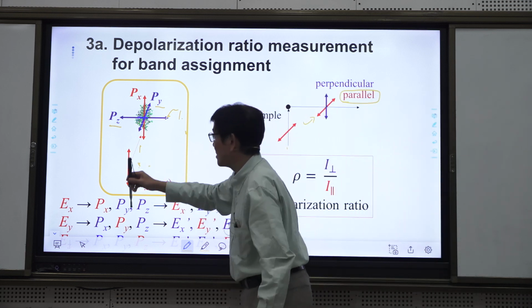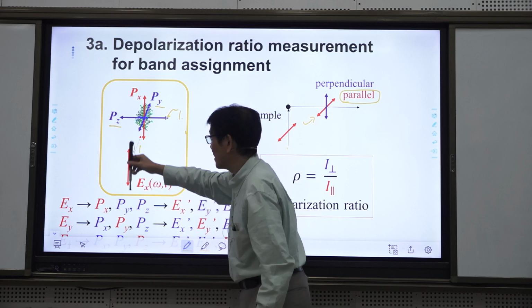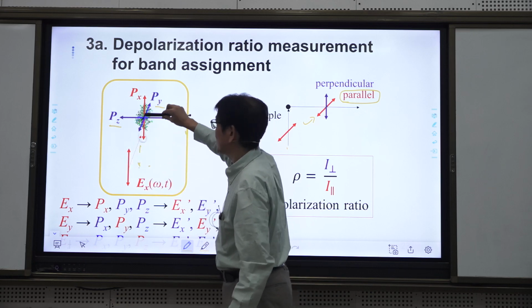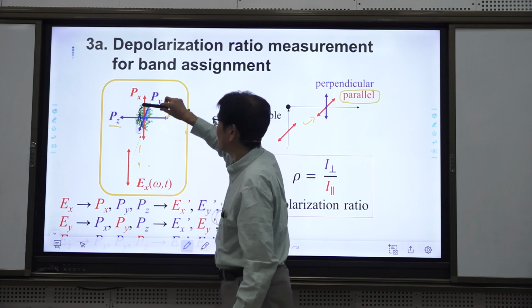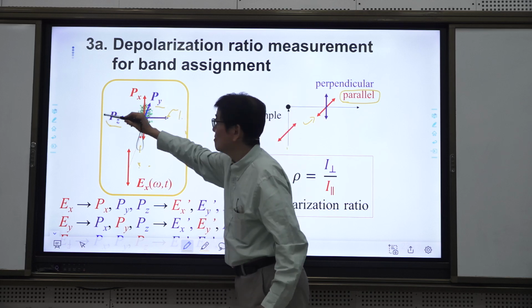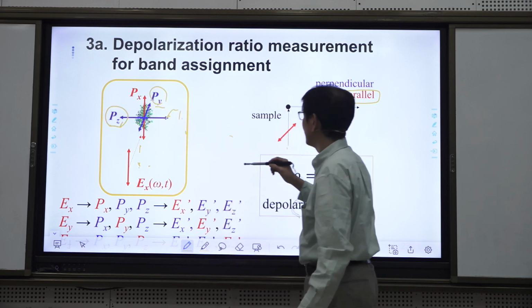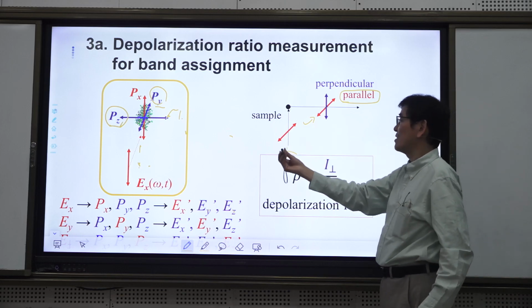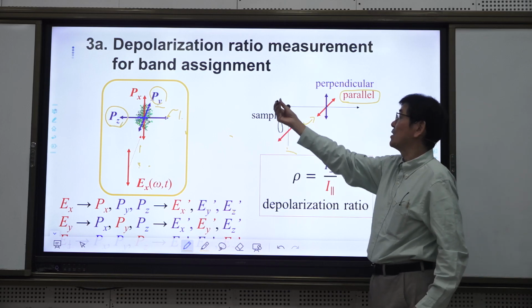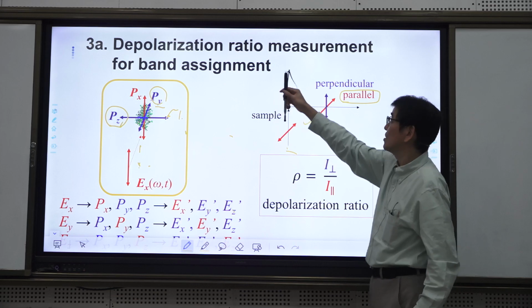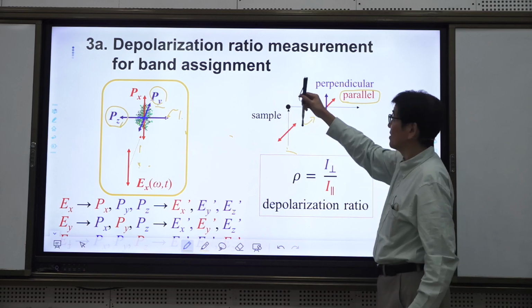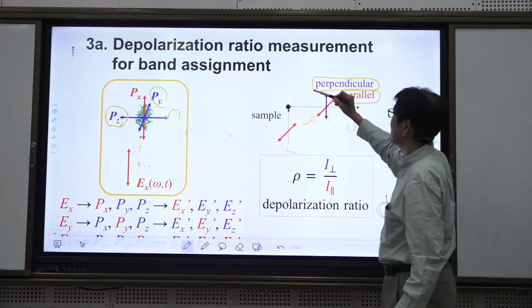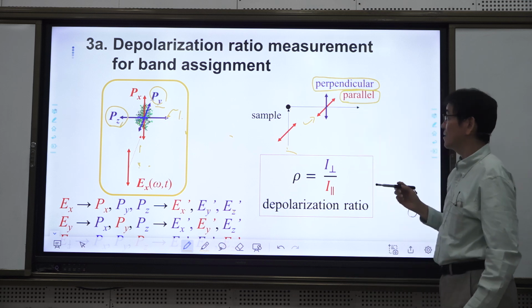Based on this consideration, if we irradiate polarized light and the scattered light has a different polarization, then the scattered light excited with X polarization may have a rotated polarization. This is the so-called perpendicular component of the scattered light.